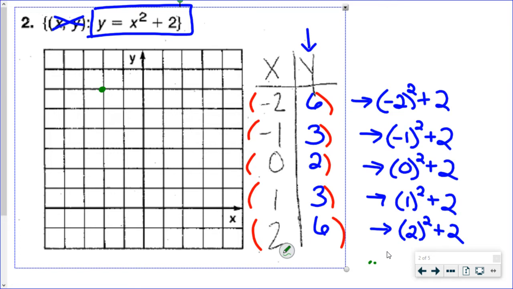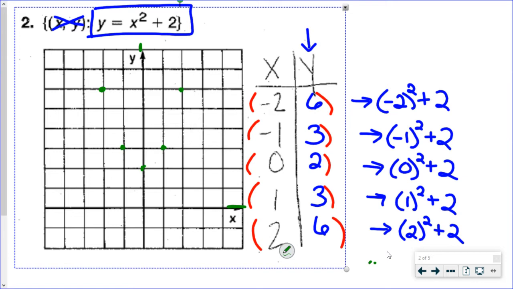Make a dot right there. Because here's my x-axis and here's my y-axis. Okay. -1, 3 is a dot there. 0, 2, 1, 3, 2, 6. So those are how my dots go.